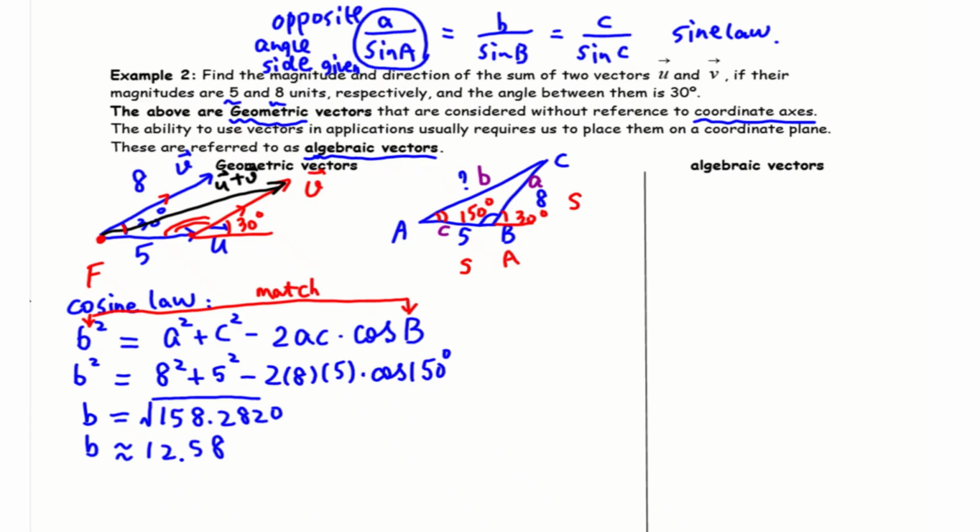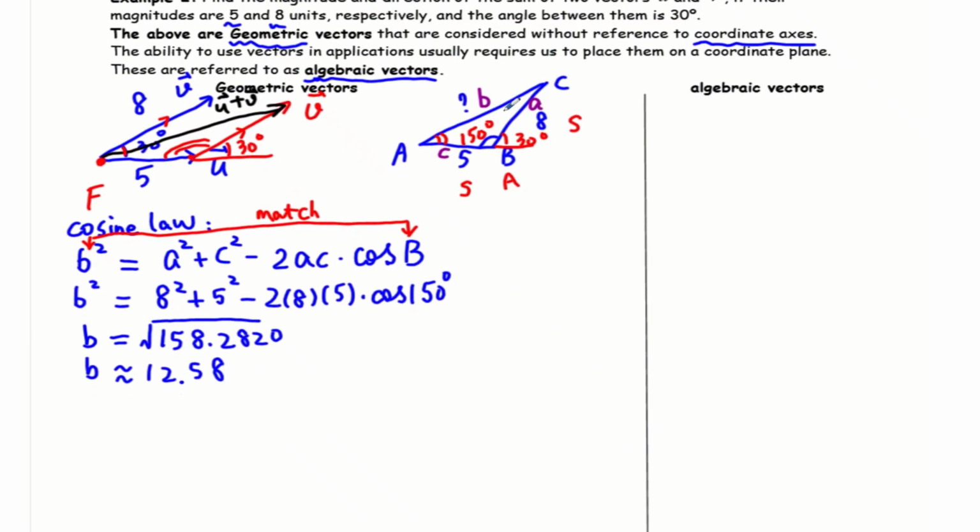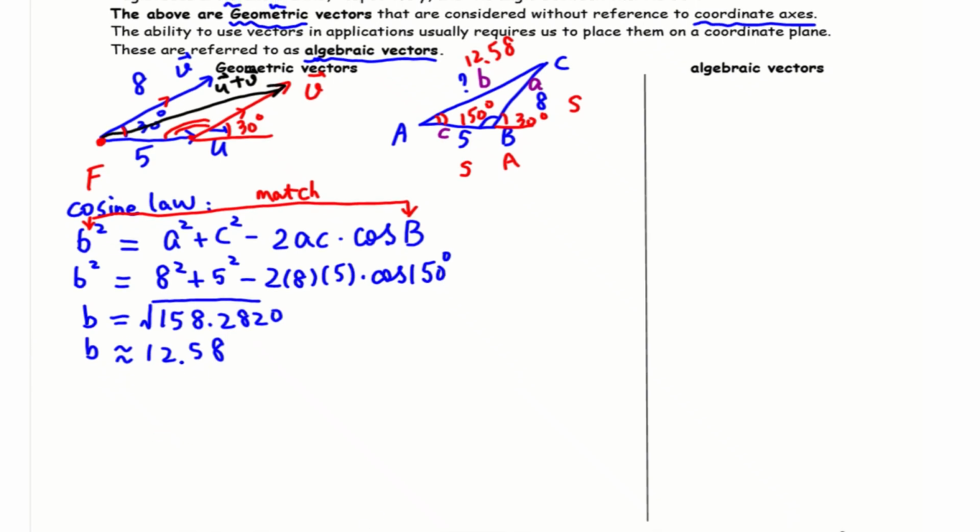And this time, because we have this side b, 12.58, opposite angle B, given, we could use the sine law. If you are able to use the sine law, I highly encourage you to use it because its calculation is a little bit easier than the cosine law.